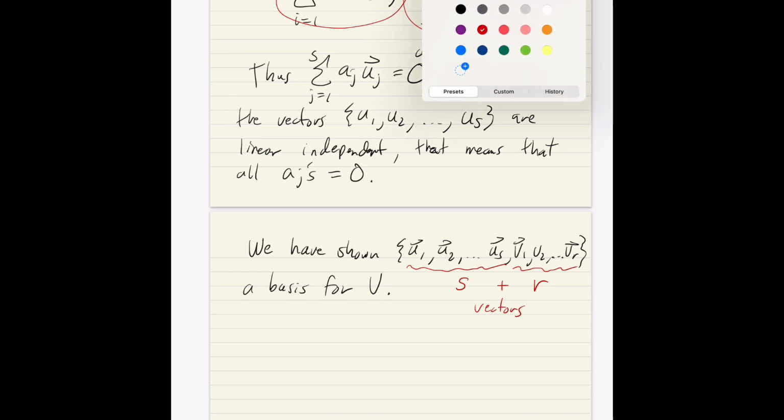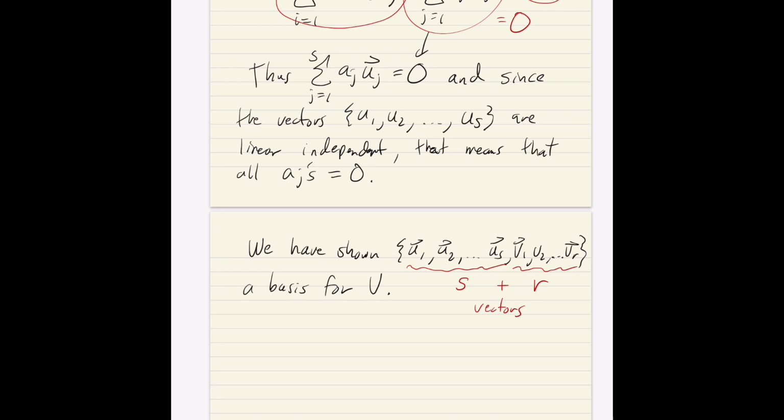Okay, so what do we know about the dimension of V? Here's our conclusion. The dimension of V, we know that that is equal to m. And we also know that by showing the above, that is equal to the dimension of the set of s vectors, which is the kernel of T, plus the set of vectors in the image, which has size r.